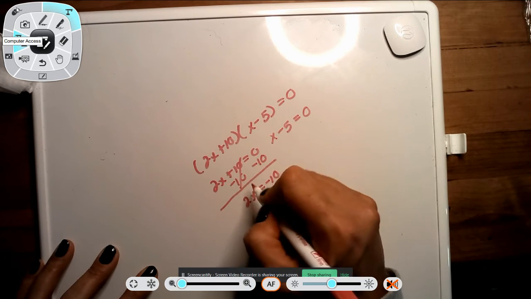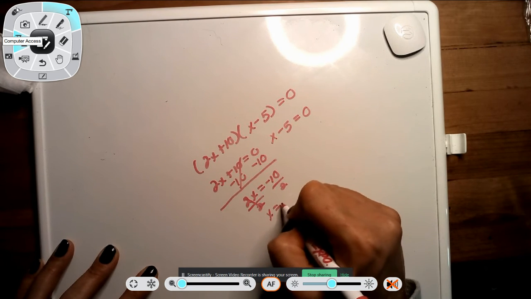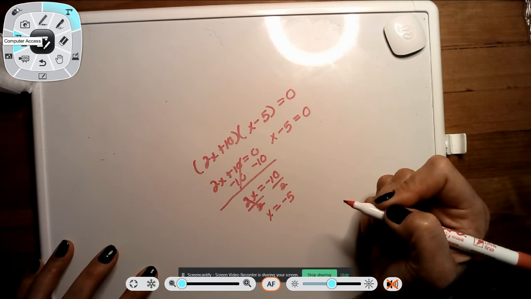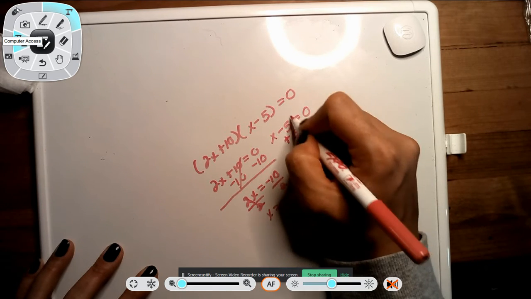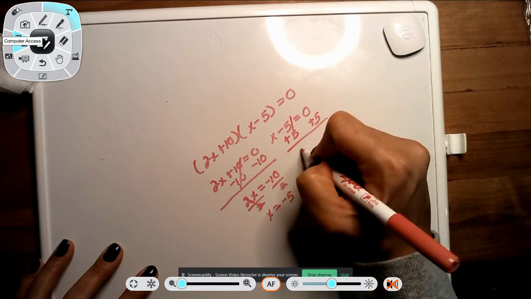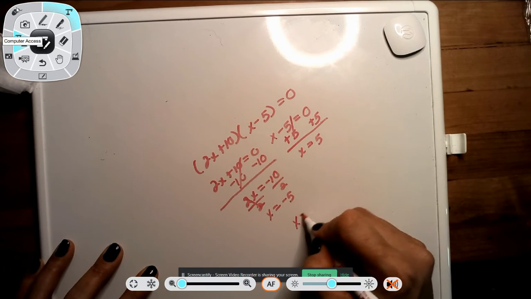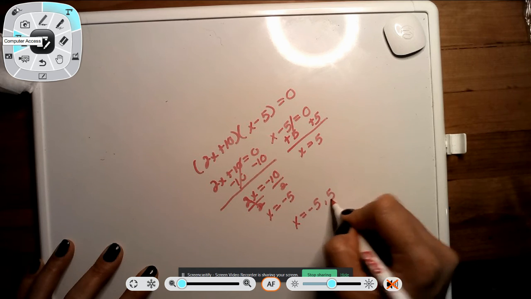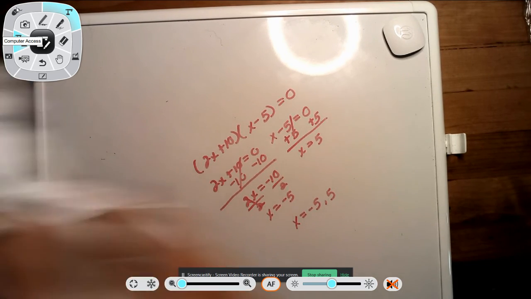My last step is to divide by 2. So I get x equals negative 5. Over here, I need to add 5 to both sides. That cancels. x equals 5. So I have two values for x, negative 5 and positive 5.